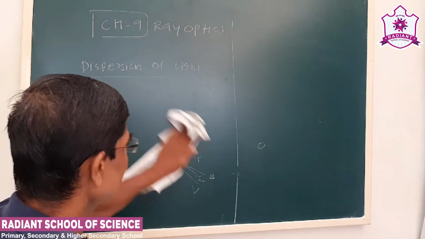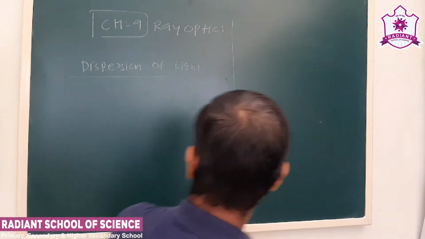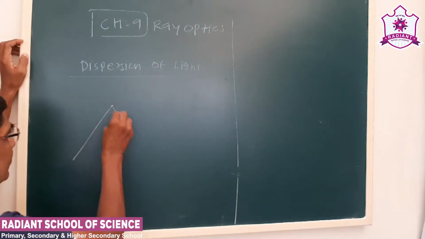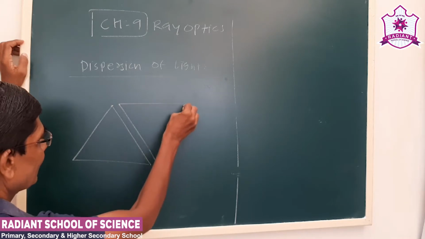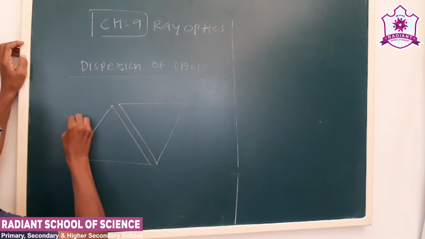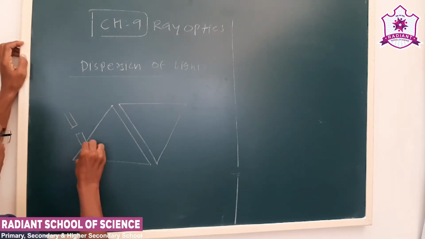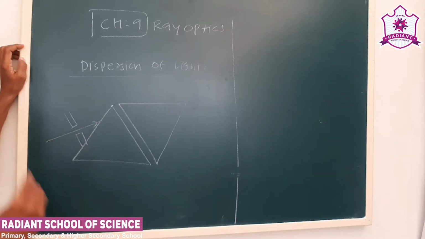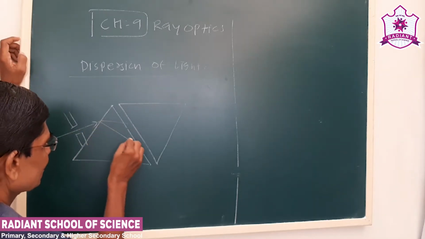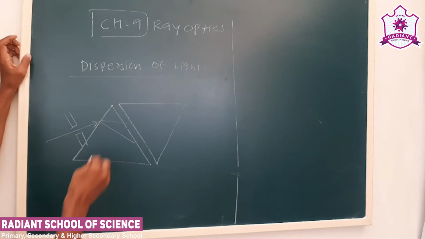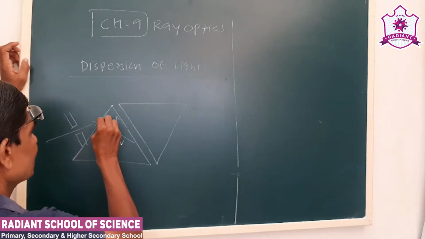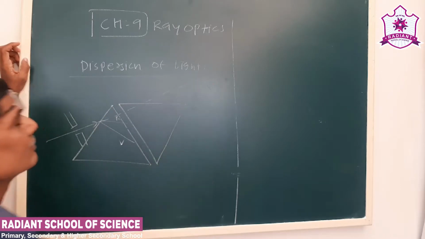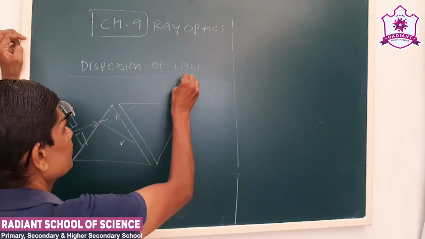Now this is dispersion of light due to a prism, but suppose we keep two prisms inverted like this, and again a beam of light is allowed to fall on it. Due to dispersion it will be divided into a spectrum, red and violet. Now this is the original direction.